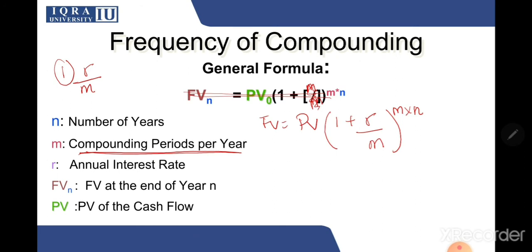If it's daily, then you'll have 365 compounding periods. So the first step is to divide your rate by m, and the second step is to multiply your n by m to get the new n value. Once you have done this, you can use it in the same formula that you have studied so far.